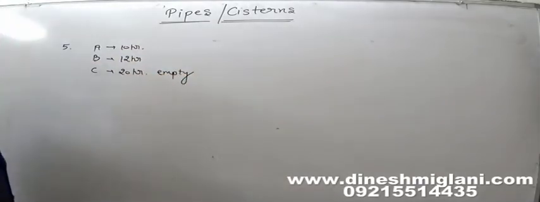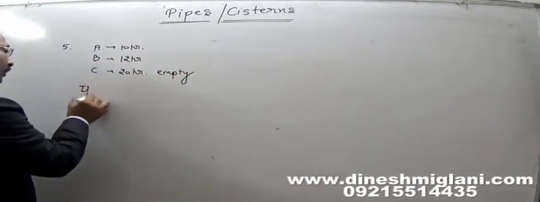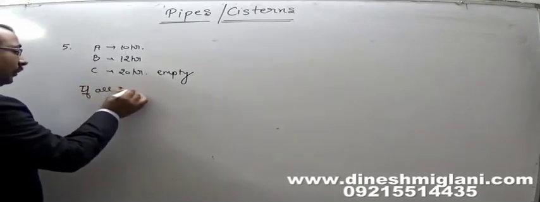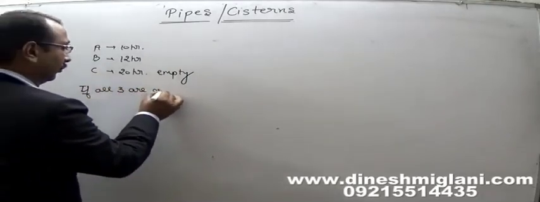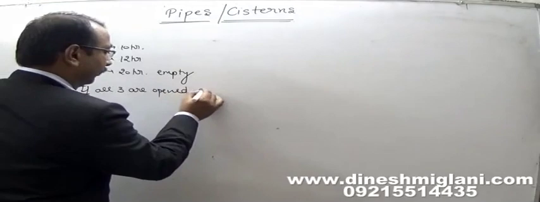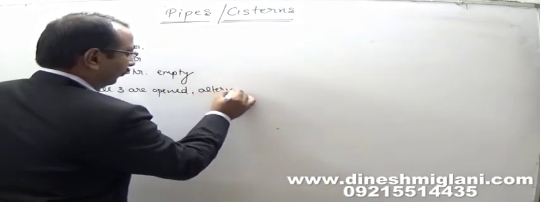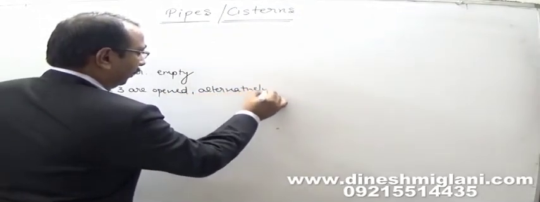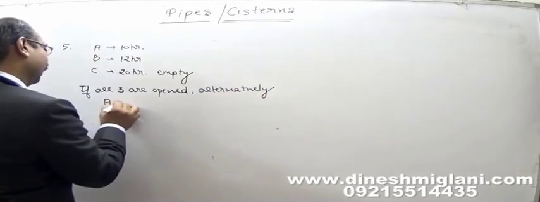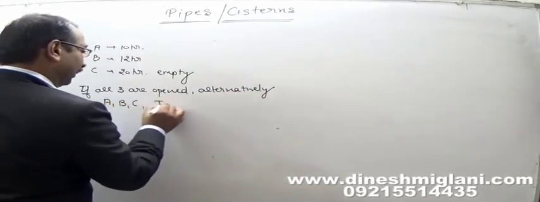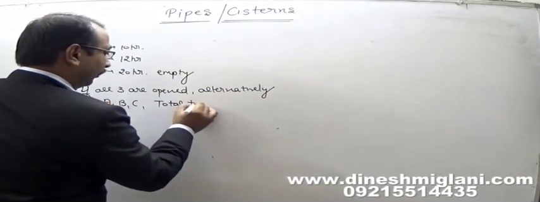The question is, if all three are opened alternately in the pattern of A, B and C, then what is the total time taken by them to fill the tank?